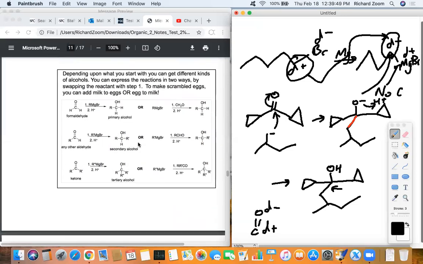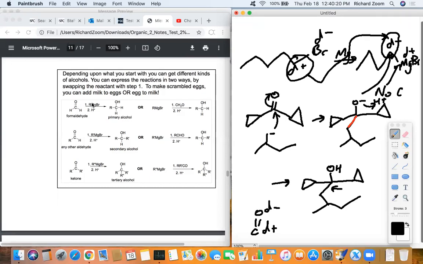So depending upon what you start with, you can get different kinds of alcohols. And when you're expressing these Grignard reactions, you can express them in 2 ways. We can always have the aldehyde or ketone at the beginning and then put the Grignard reagent next to the 1 on top of the arrow. But there's really no difference between putting the Grignard reagent where the aldehyde is and putting the aldehyde where the Grignard reagent is.